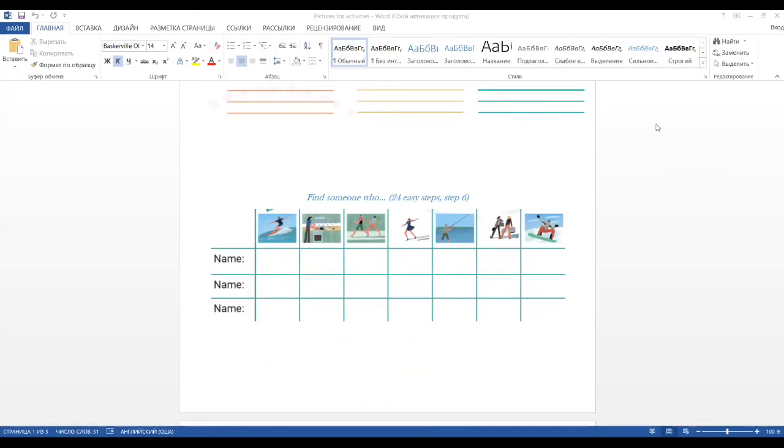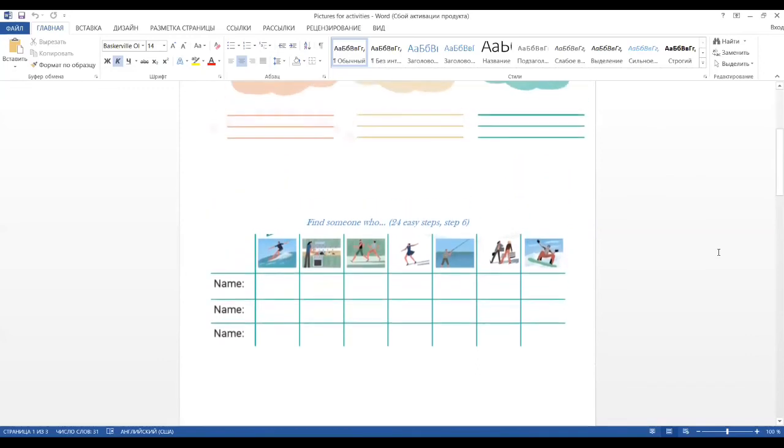You can even give them everything if you think that your students are quite weak, or even some of them are quite weak. So you can write the question for them at the very beginning. For example, I cannot do. Okay, so, ask your partner, can you, and give examples. So it would be easier for them to make up a question. So it depends.